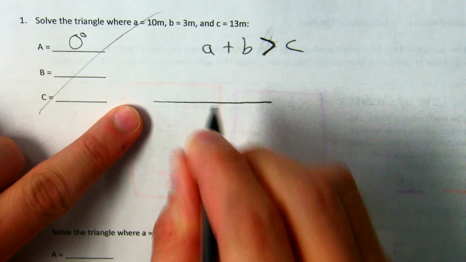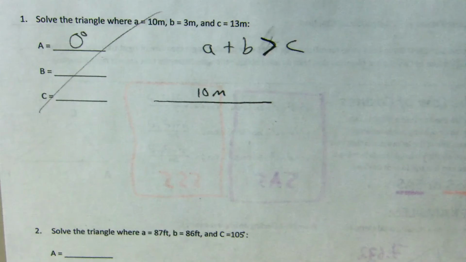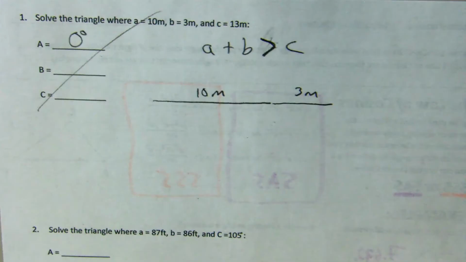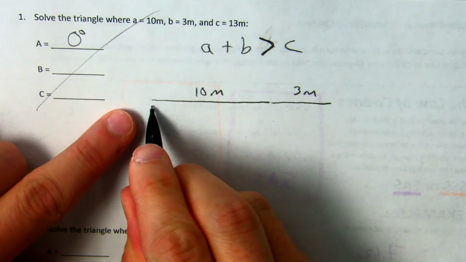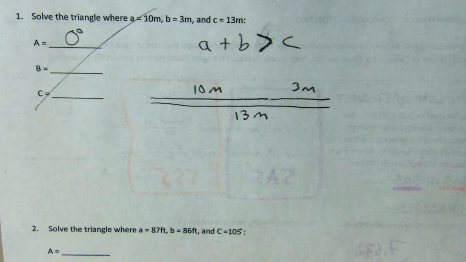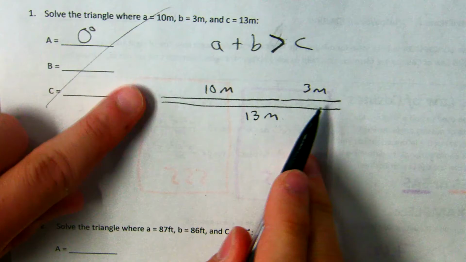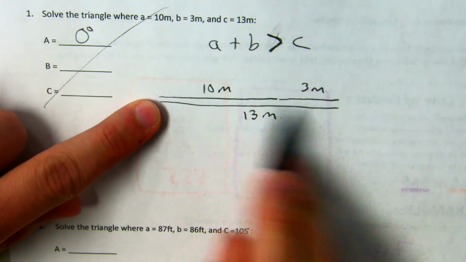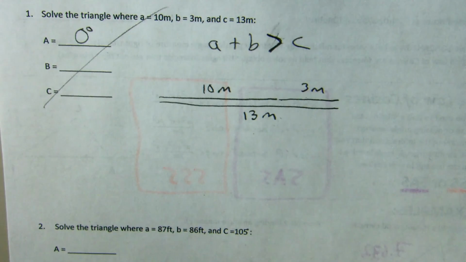If I gave you a stick that was 10 meters, and then another stick that was 3 meters, and then finally a third stick that was 13 meters, do you see how you could make a triangle out of those? These would have to be connected, and then they would have to lay straight on top of this. And if they're all on top of each other, then you're not getting much of a triangle.